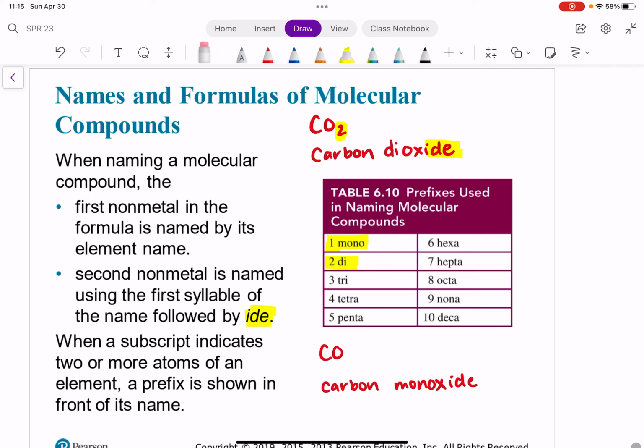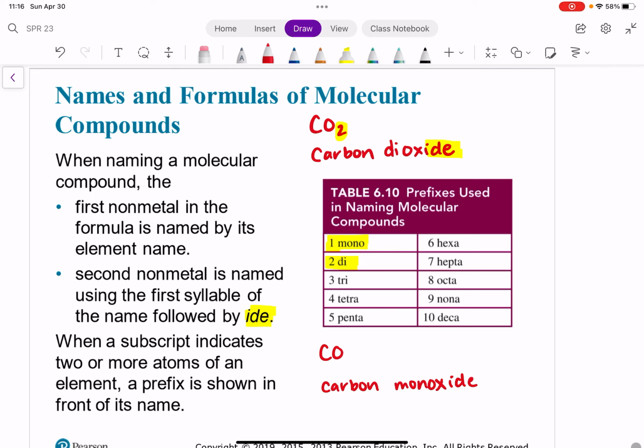The di shows that there's more than one, and it tells you the specific number. If there's nothing in front of your first non-metal, that just means you have one of them. That's just the convention. So you're not going to say monocarbon monoxide. It would just sound kind of weird. We just assume if it's just carbon there, then we only have one of them.